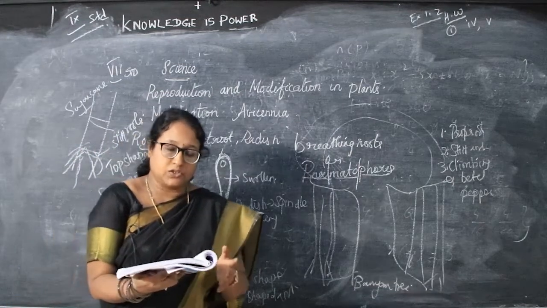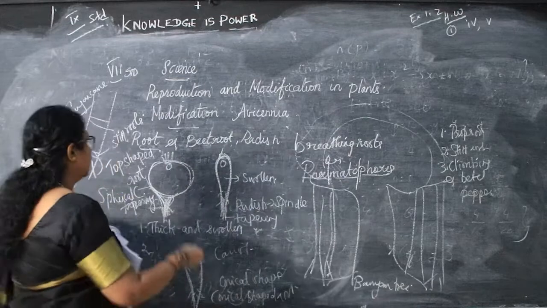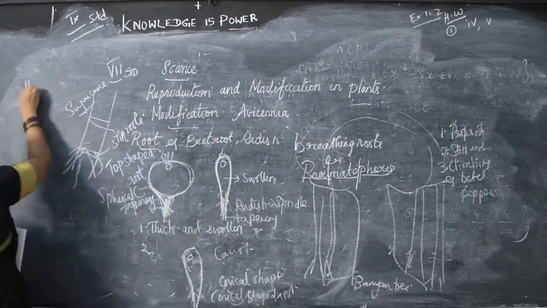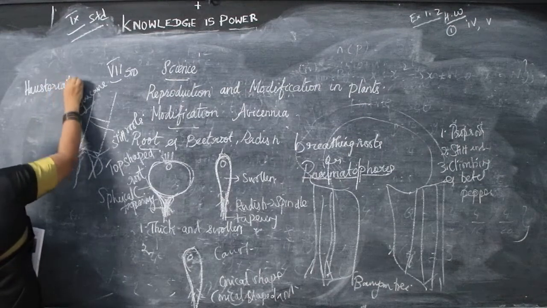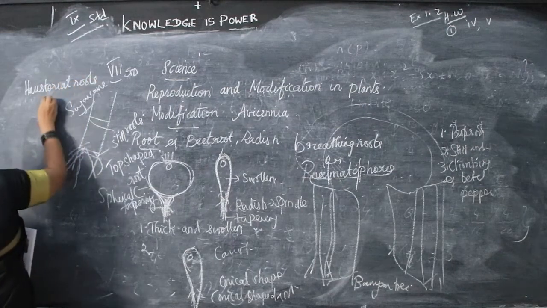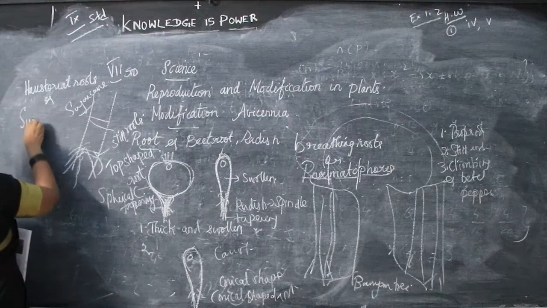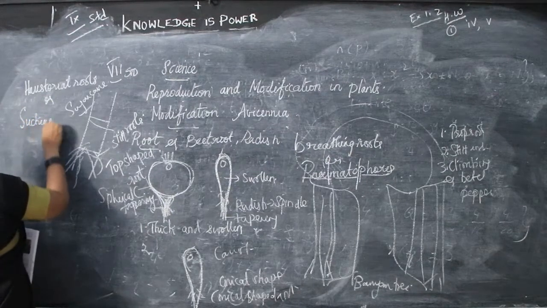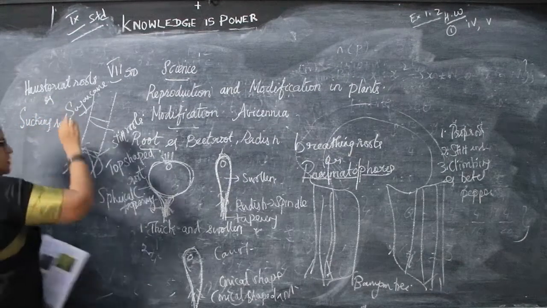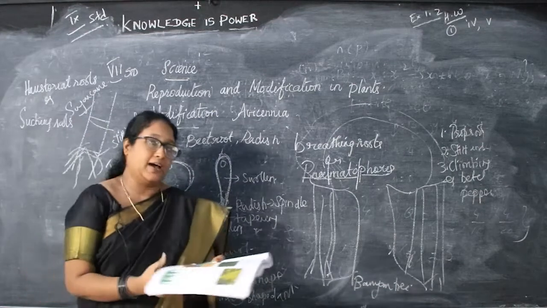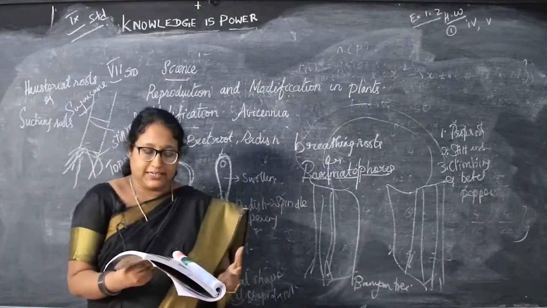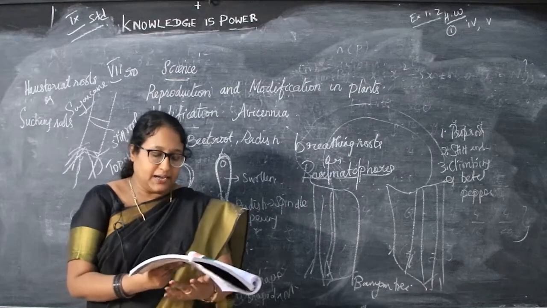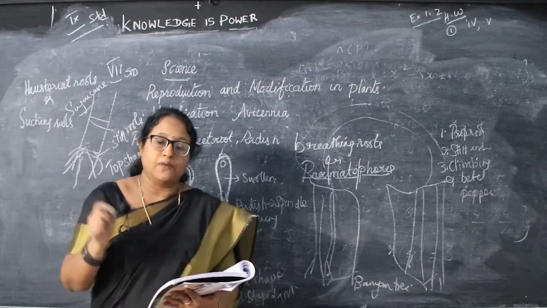Then haustorial roots. What are haustorial roots? Haustorial roots are nothing but the sucking roots. These roots have different special functions, for example, take Cuscuta. It's a parasite plant. It climbs the trees for vegetation.